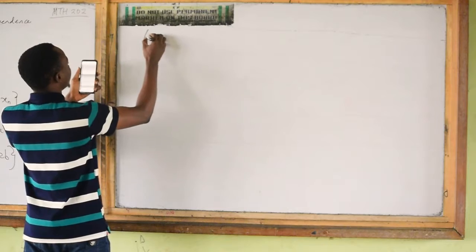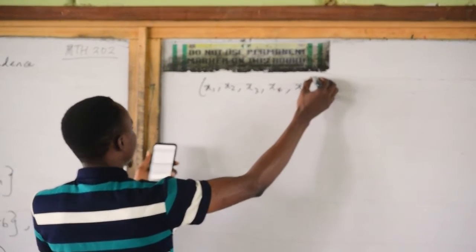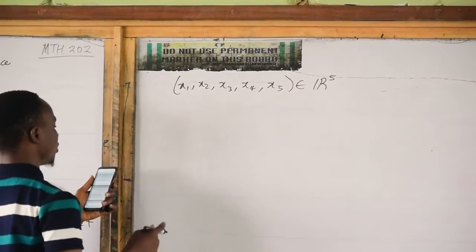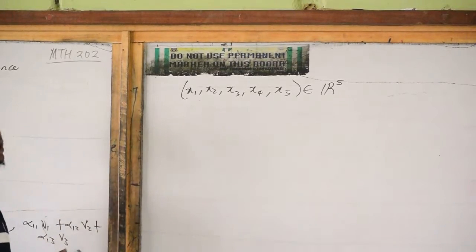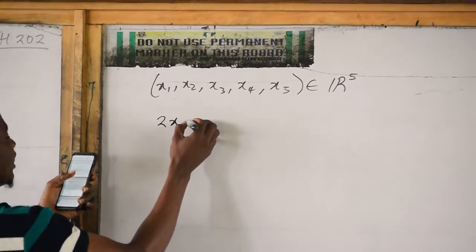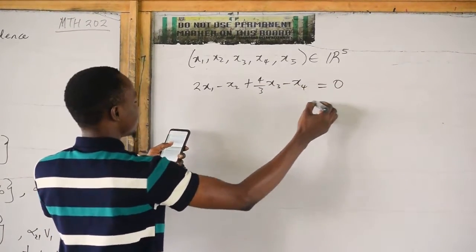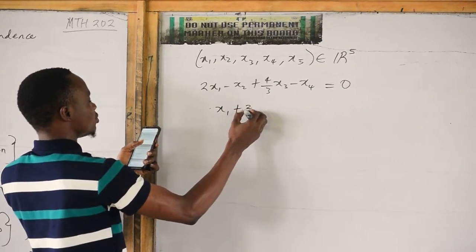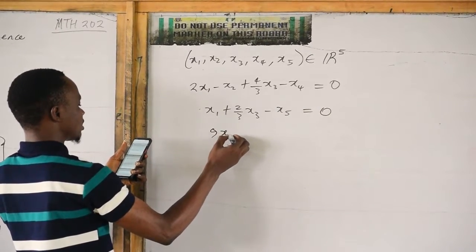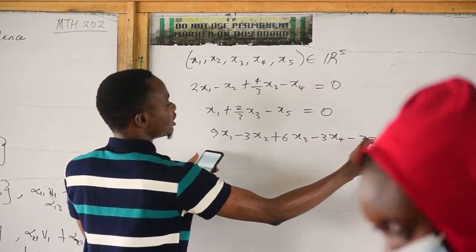Let W be the set of all (x1, x2, x3, x4, x5), elements of R5, which satisfy the relations: 2x1 minus x2 plus 4/3 x3 minus x4 equals 0; x1 plus 2/3 x3 minus x5 equals 2; and 9x1 minus 3x2 plus 6x3 minus 3x4 minus 3x5 equals 2.